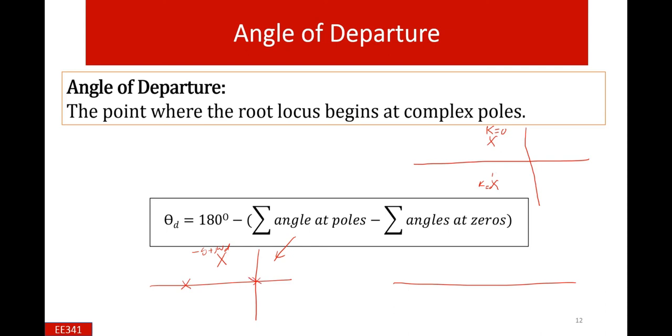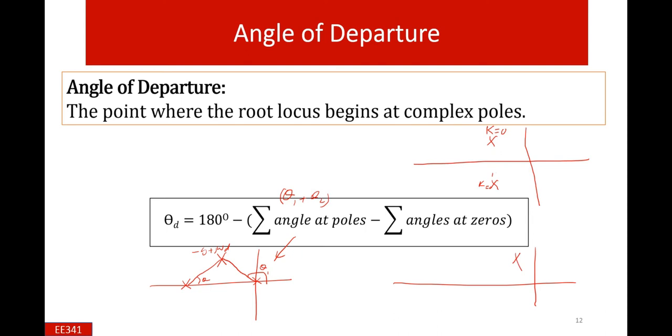Then we have to find the angle. This is the angle, for example, theta 1, and similarly this is theta 2. So here we will put theta 1 plus theta 2, and similarly for the same pole, we will continue for every complex pole.